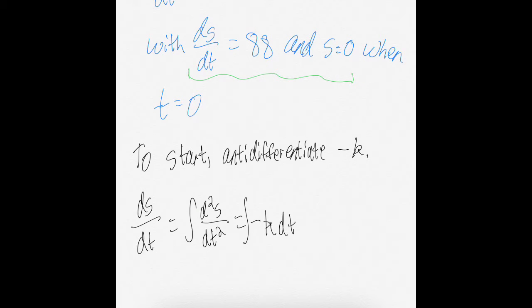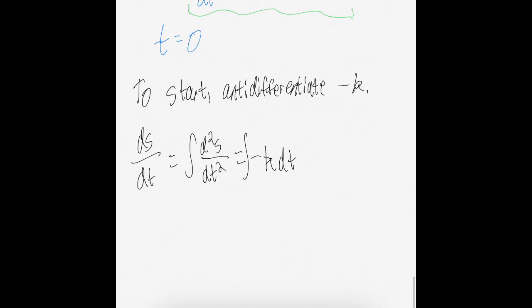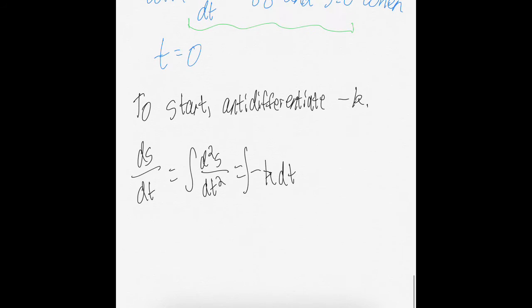If I go down 2 derivatives and then I undo one of them, then I'm back at just the first derivative. We are told that the second derivative of s with respect to t is negative k. So this is the integral of negative k dt.